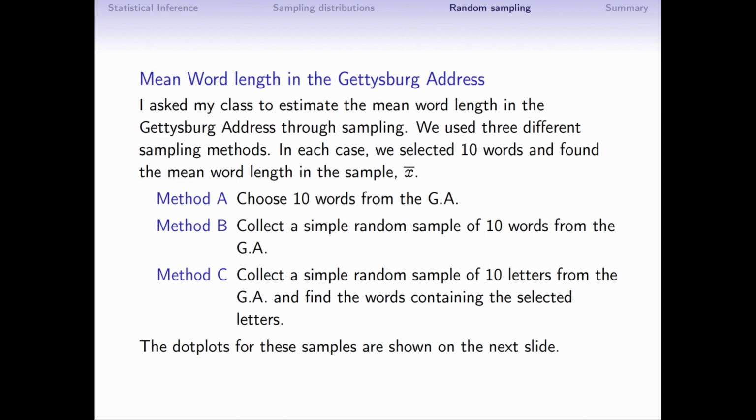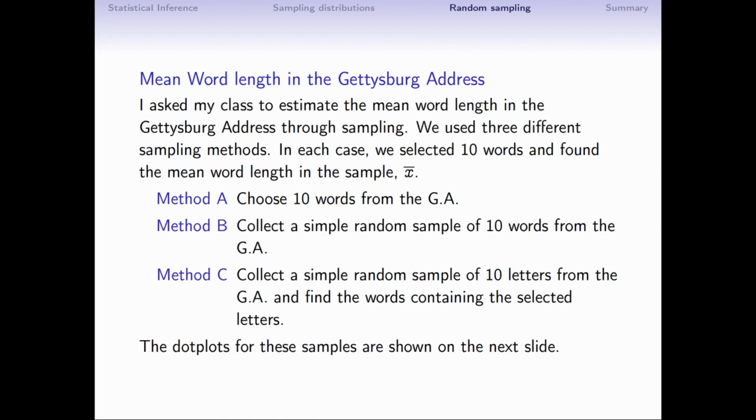Now, we're going to try to get at that value of mu by sampling. And so we used 3 different sampling methods, and in each case we selected 10 words from the Gettysburg Address and found the mean word length in the sample. That's an X bar. So we're using our X bar, our sample mean, to estimate our population parameter, the mean word length in the Gettysburg Address.